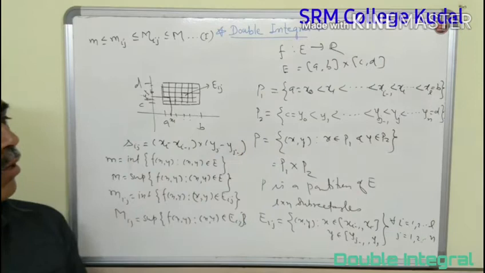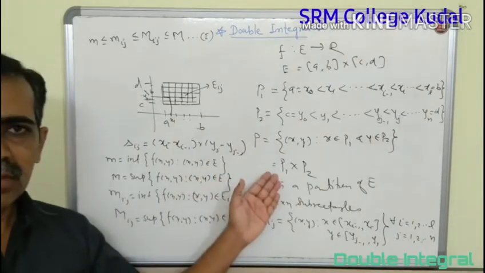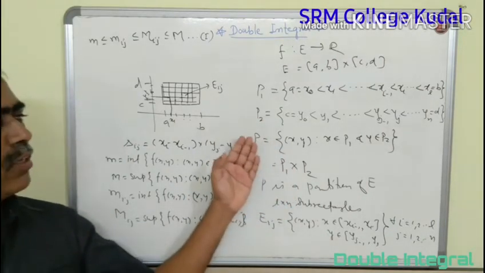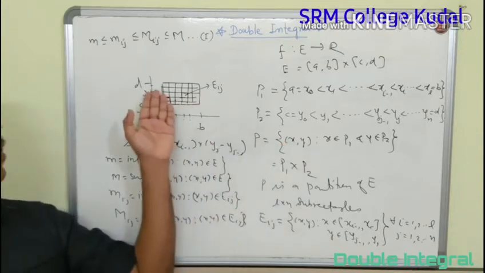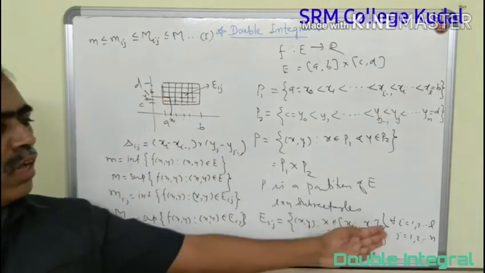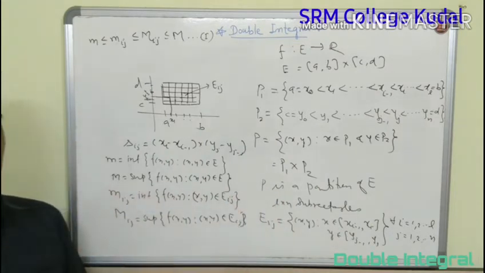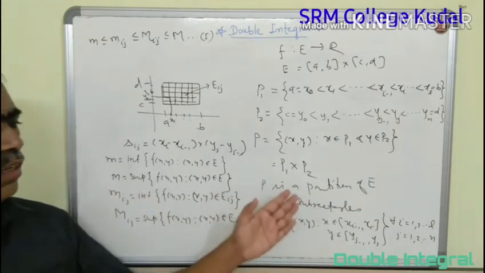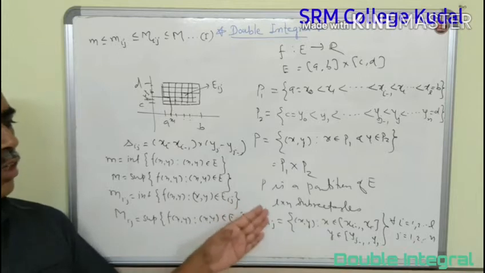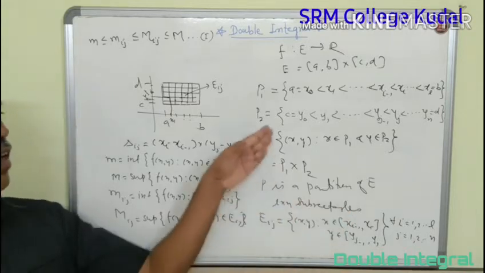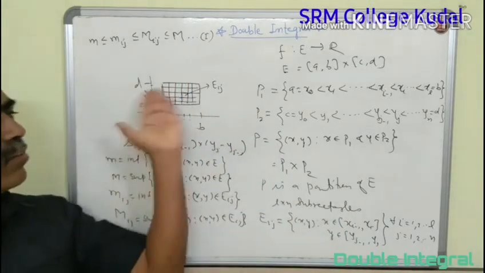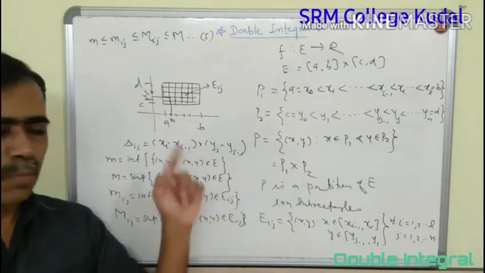Then I have considered their Cartesian product, that is P, which divides the rectangle E into L times n subrectangles, by drawing lines parallel to the coordinate axes through the points of the partition P.